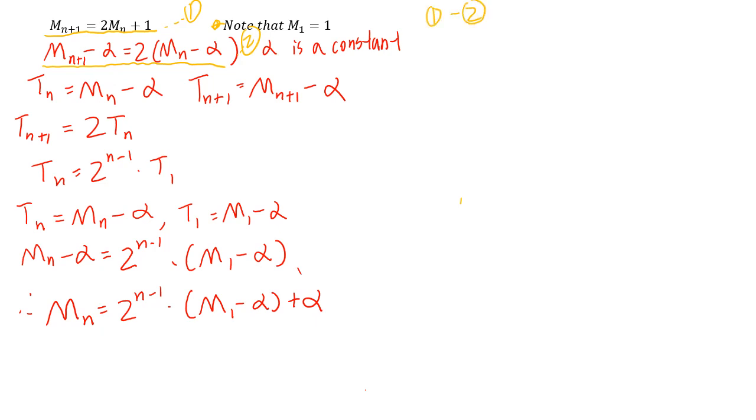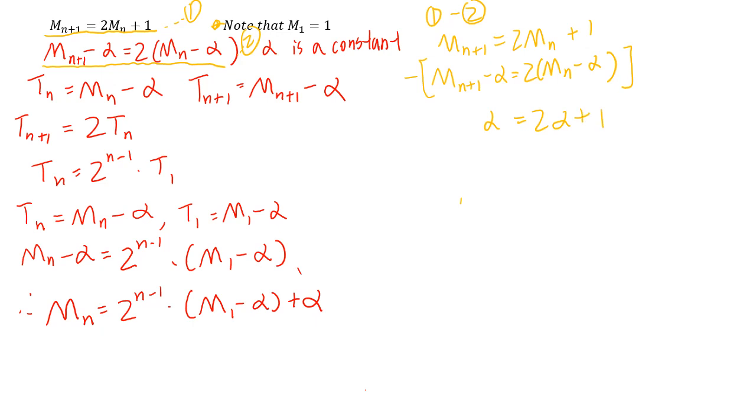You can subtract the second equation from the first equation. This will give us alpha equals 2 alpha plus 1.